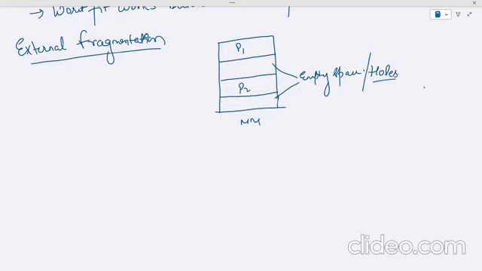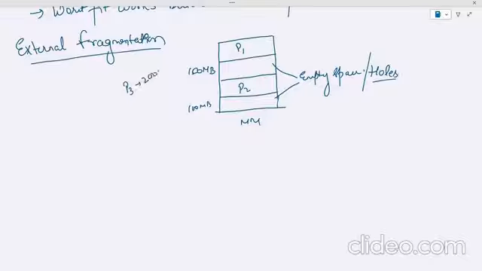Okay, so in this case, let's say this part is 150 MB and this part is 100 MB. Now what is the meaning of external fragmentation? We have three processes in our system, P1, P2, and let's say P3.